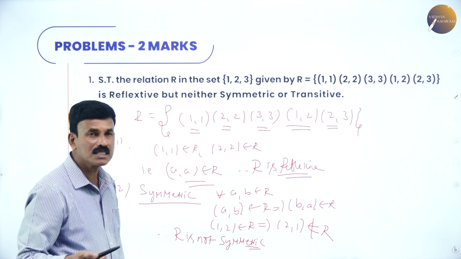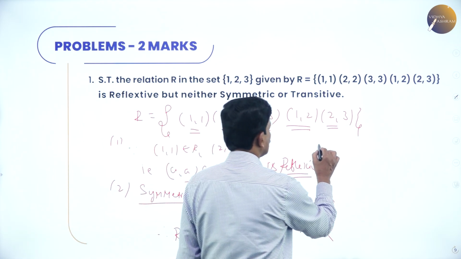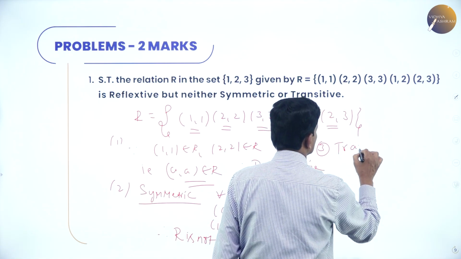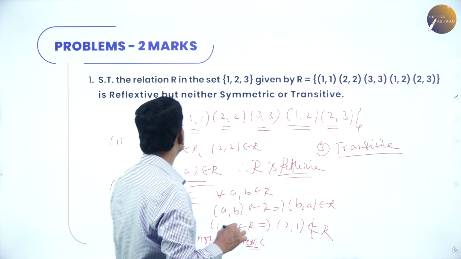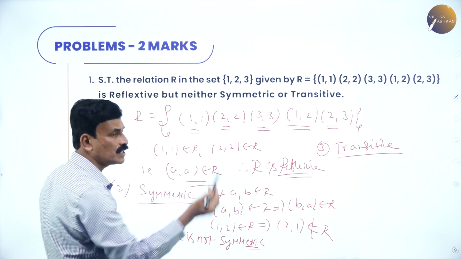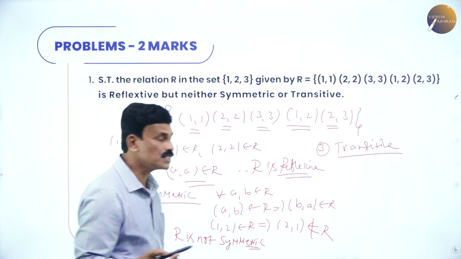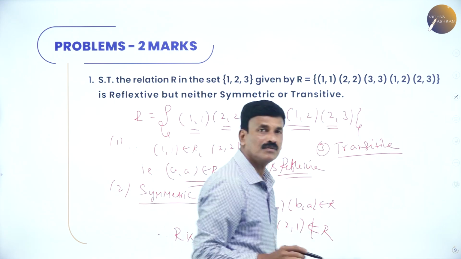Now verify the transitive property. Third one. What is transitive? Reflexive but neither symmetric nor transitive, so verify whether it is transitive or not. What is the condition for transitive?